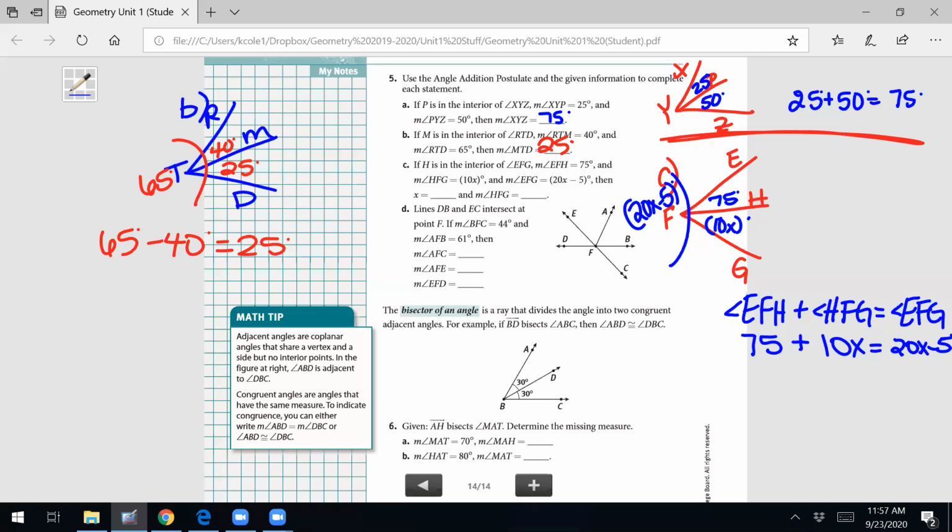Okay, so from there, then you just start solving it algebraically. So I'm going to subtract 20x just because I like for my x to be on this side. I'm going to subtract 75. So what's 5 minus 75?